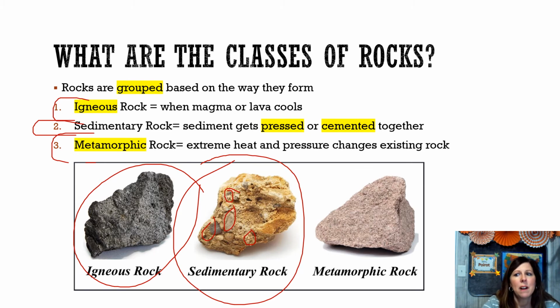Sedimentary rock forms when the weight from above presses down on the layers of minerals or sediments. When minerals get dissolved in water, they can solidify between the sediment pieces, and that's what cements them together.